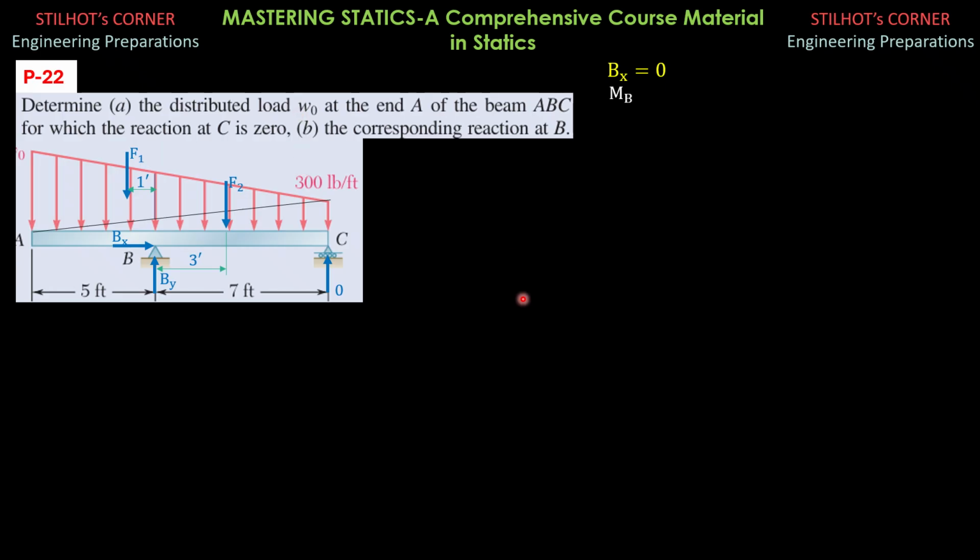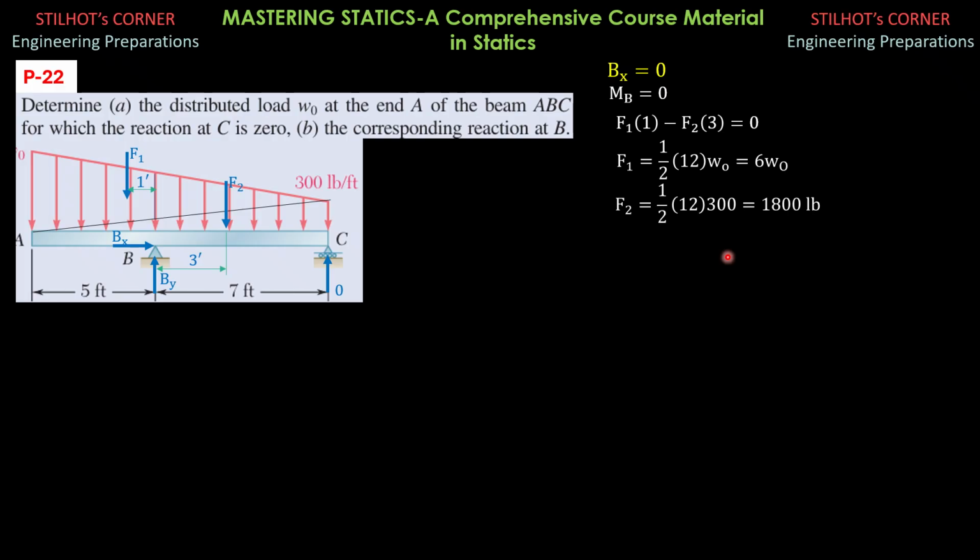So moment B is 0, so F1 times 1 minus F2 times 3 equals 0. What is F1? F1 is 1/2 of 12 feet by WO. So F1 is equal to 6 WO. F2 is 1/2 of 12 times 300. So F2 is equal to 1,800 pounds.